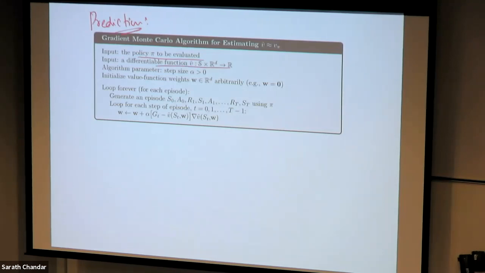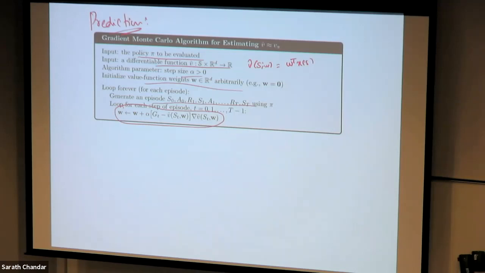In our case, this is basically W transpose X of S, and you have been given some alpha. You randomly initialize your value function. Now you generate an episode, and for each step in the episode, you update your W. Is that clear?